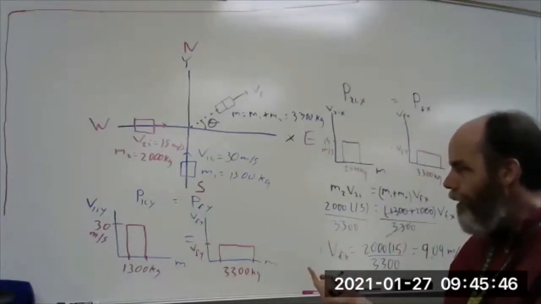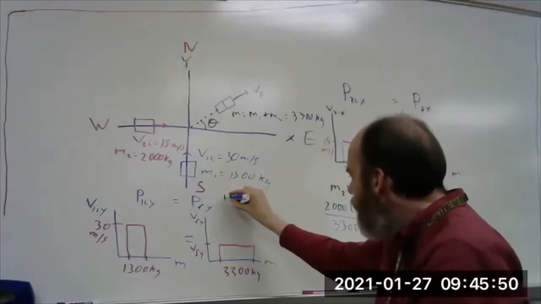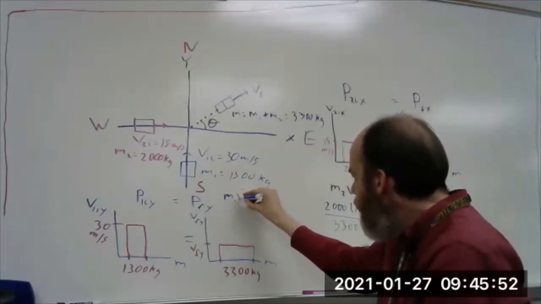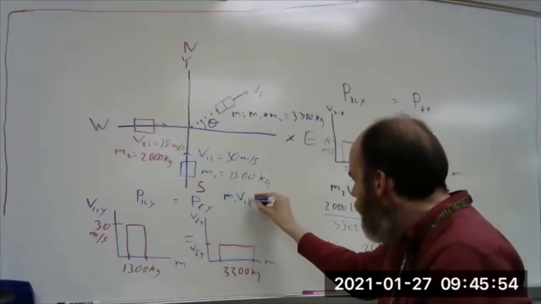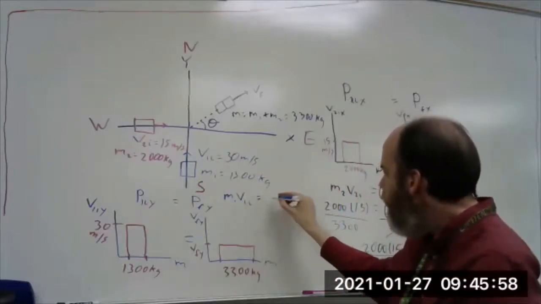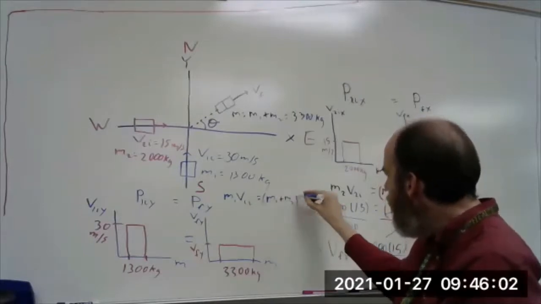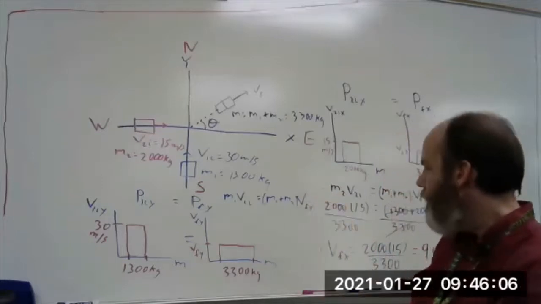So P1 initial y, we're going to have M1 V1 initial, because it's all in the y direction, equals M1 plus M2 times the V final in the y.